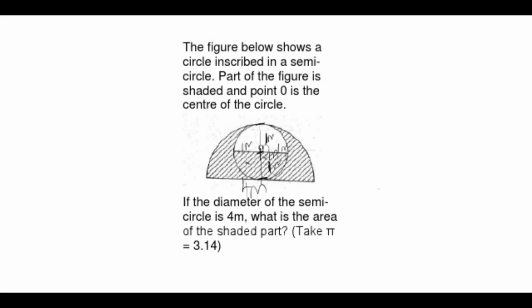Now, what is the area of the shaded part? This is the unshaded part. So first we are going to calculate the area of the semicircle, then subtract the unshaded area.